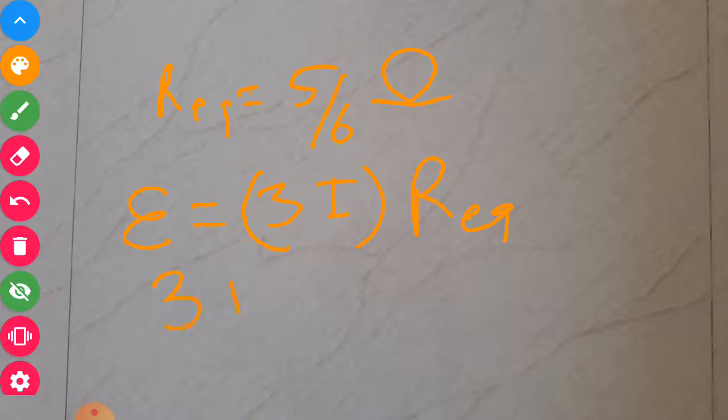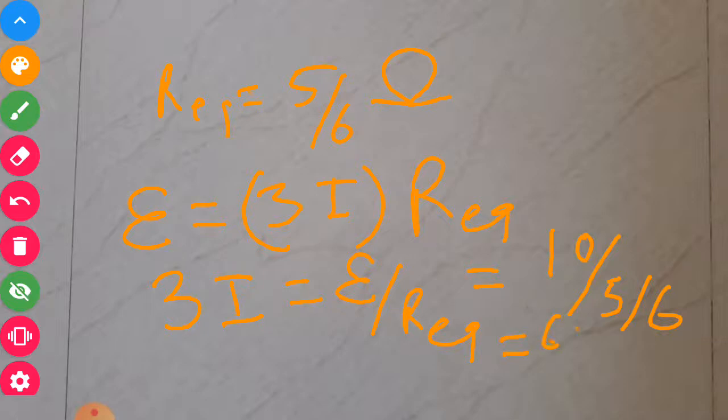So 3I, that is the total current coming out from the positive terminal of the battery, is E, 10 volt, divided by 5 upon 6. So this becomes 60 divided by 5, so this becomes 12 ampere. So 12 ampere will flow.